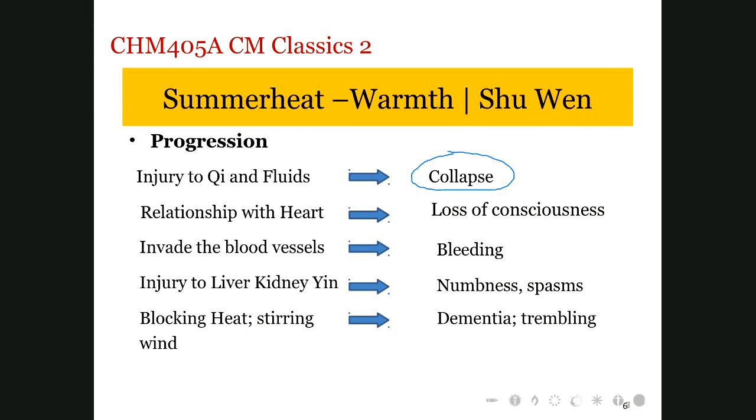Second, and more severe, is if the heat affects the heart, because the heart is a fire element. Summer is also related to the fire element. So the heart is very easily affected by summer heat pathogens. So if the heat is too exuberant in the heart, causing serious injury of heart yin and damage of heart qi, you may lose consciousness.